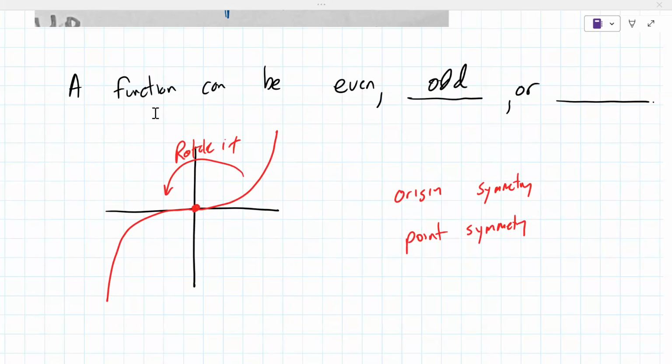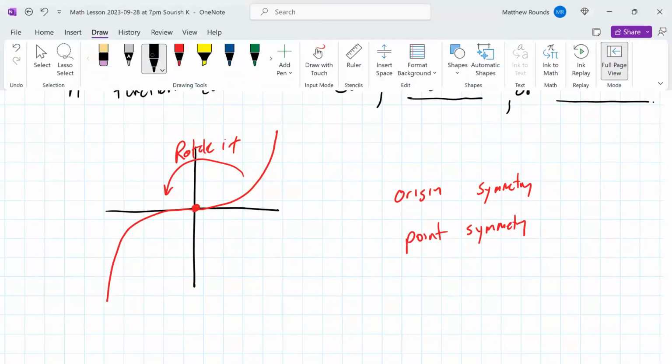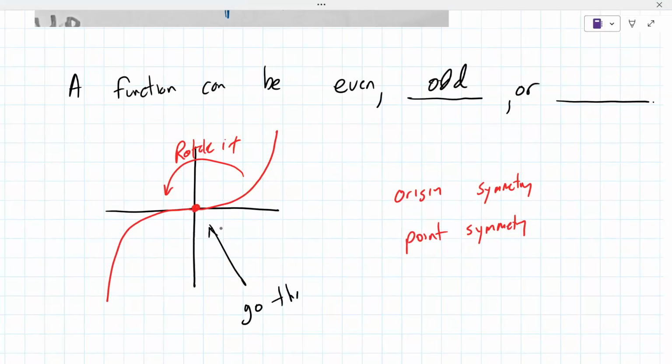It also has to go through the origin most of the time. I know origin symmetry. It has to go through the origin. Is that okay? Yeah. So that's number one: it has to go through the origin.